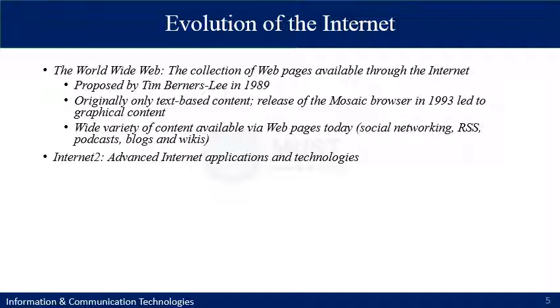A wide variety of content is available through web pages in today's internet mainly because of the World Wide Web, and it includes social networking websites, different RSS feeds, podcasts, blogs, and wikis.